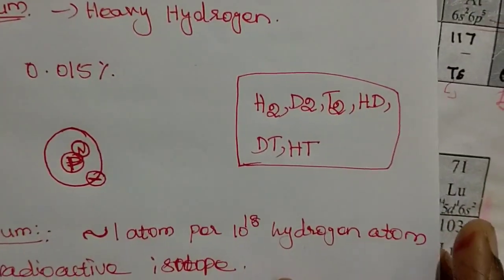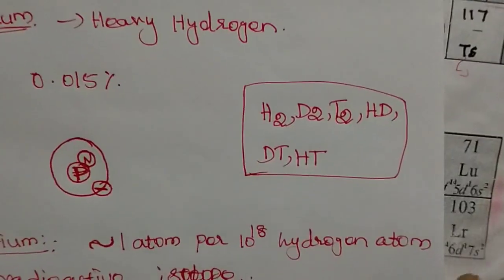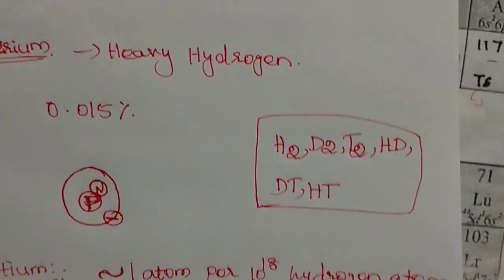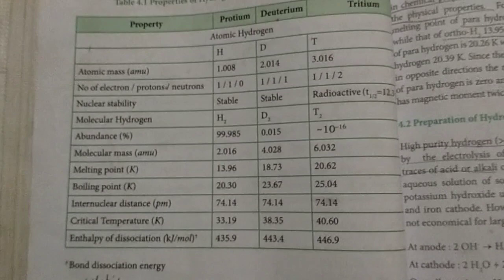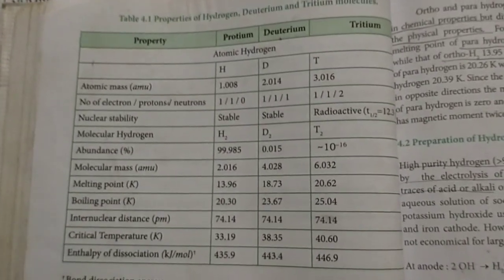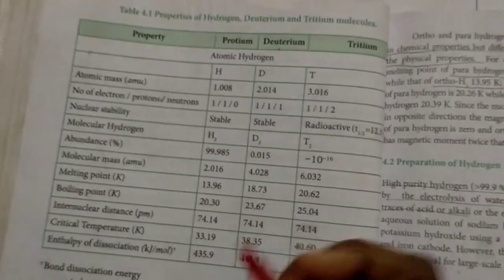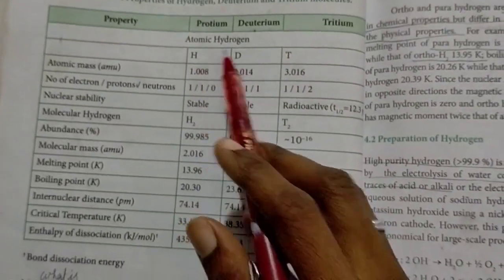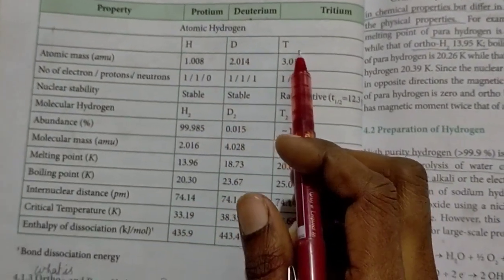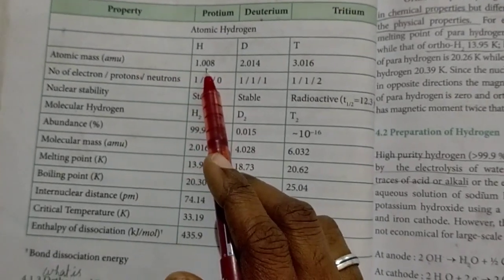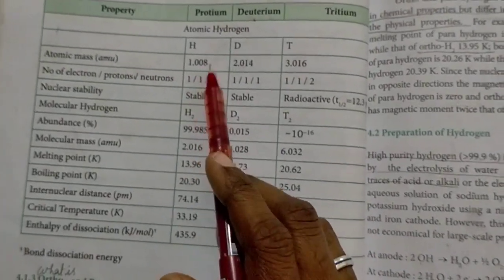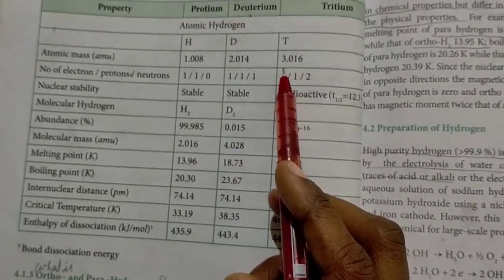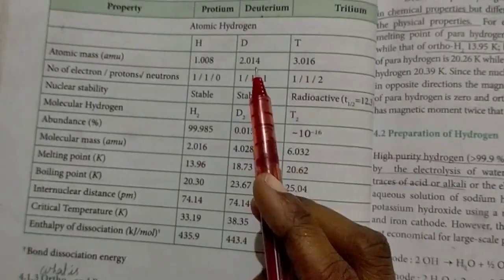These isotopes have different properties, shown in Table 4.1. Look at Table 4.1 and you can see the different isotopes mentioned: protium, deuterium and tritium. Atomic mass: protium 1.008, deuterium 2.014, tritium 3.016.